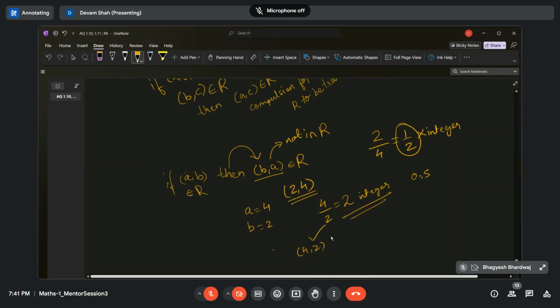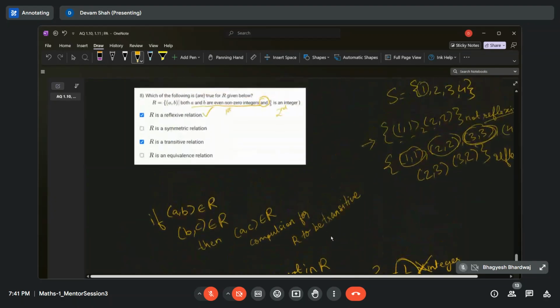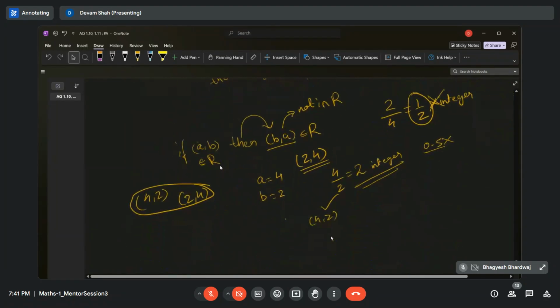No, 0.5 is not an integer, it's rational. So that's why it's not symmetric. Because if 4 comma 2 is there, 2 comma 4 should also be there. This is called a counter example, establishing that this relation cannot be symmetric for this question.